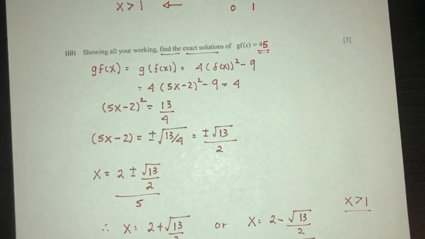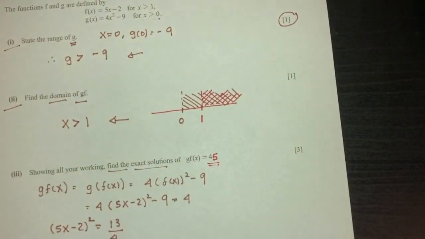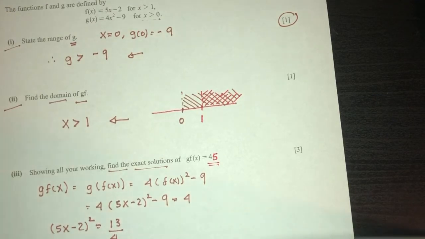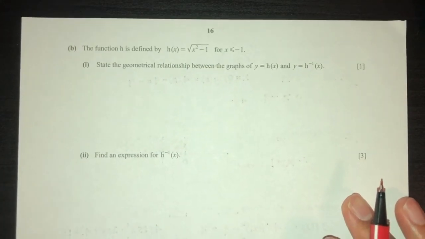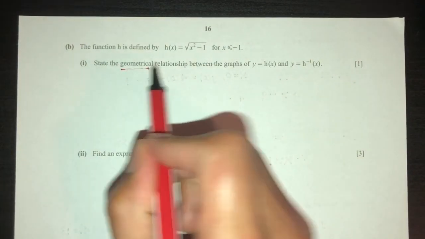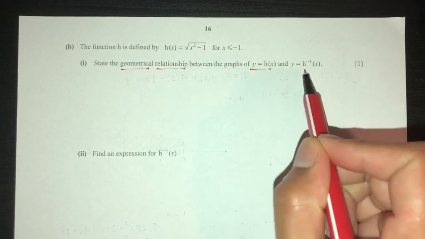Now let's move on to the last part of this question. So here we have the function h is defined by this. Now state the geometrical relationship between this and this.